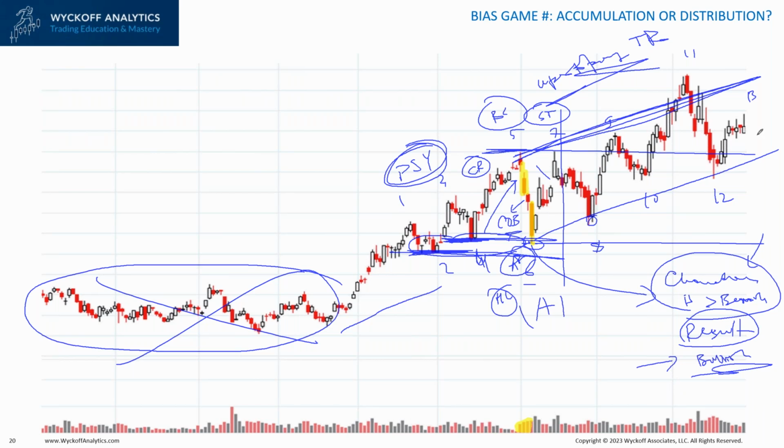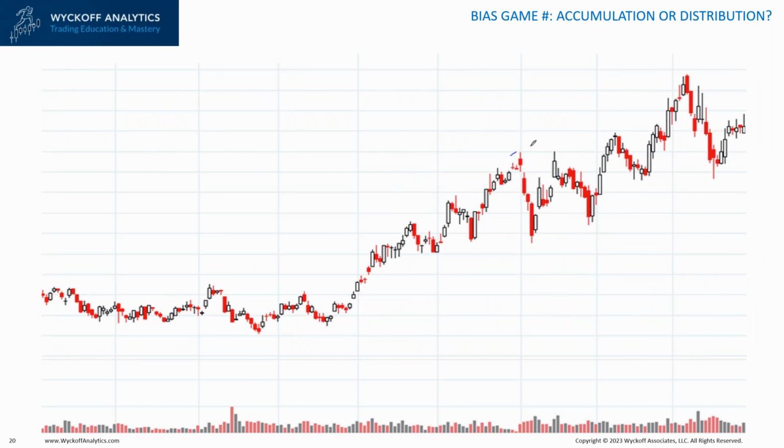Now that we see the structure, again, I'm going to draw it so that you guys remember. 1, 2, 3, 4, 5, 6, 7, 8, 9.